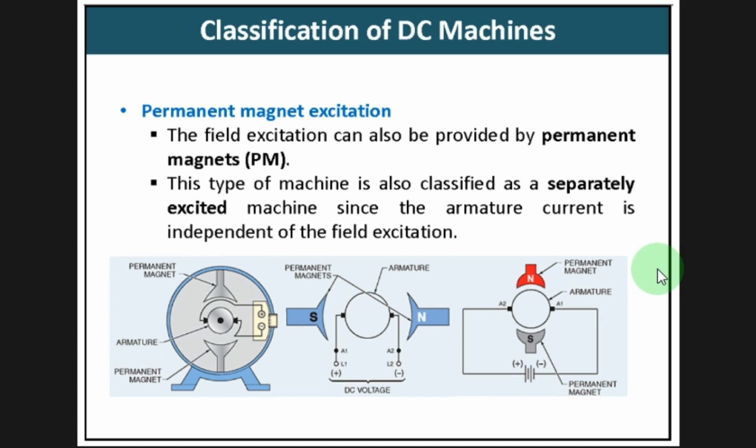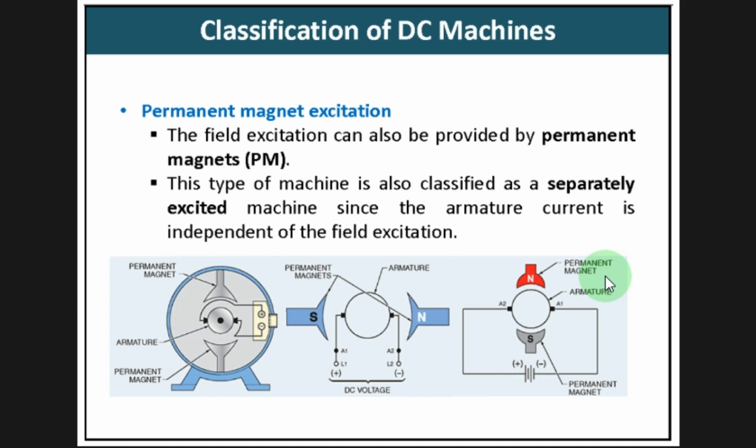We said that this is normally used for smaller machines, because to make bigger machines it is expensive to make powerful magnets, and also the size of the machine will be larger because of the size of the magnet.